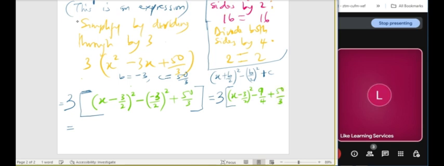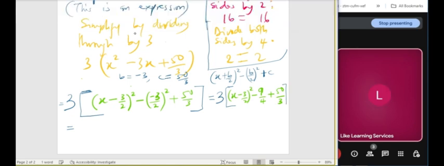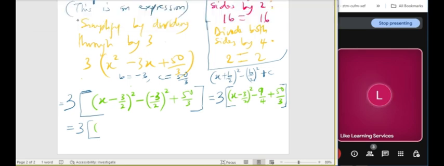Please work in fractions. It's neater to work in fractions. You have to learn to. So that will be 227 over 12. All right, so this becomes 3 in big bracket out, then the small bracket. You're getting it. x minus 3 over 2 all squared minus 9 over 4 plus 50 over 3.